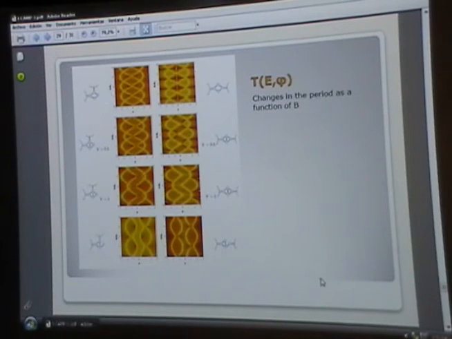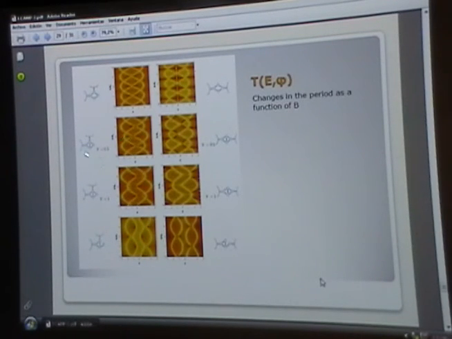If you see here this comparison between the upper panel and the lower panel, in the upper panel a very definite period can be seen, which is exactly half of the period in the lower panel. So you have a change in the period by a factor of 2 by simply changing the connections, which correspond to the big orbits and the small orbits.